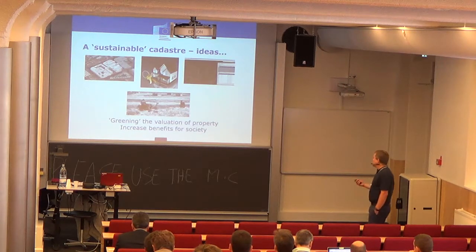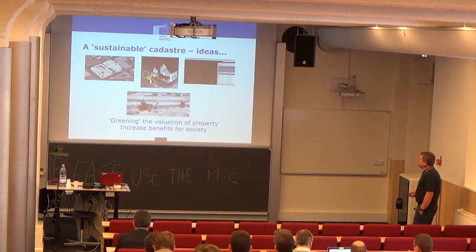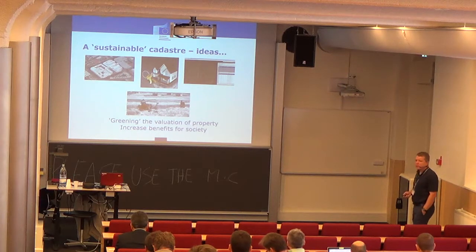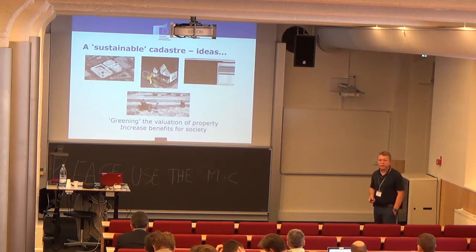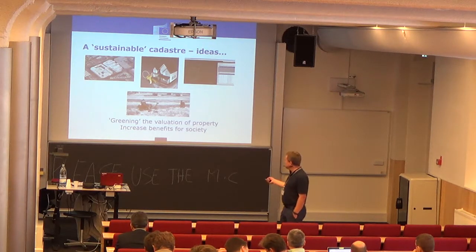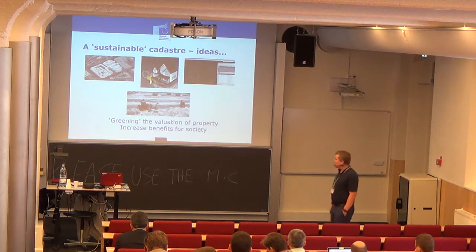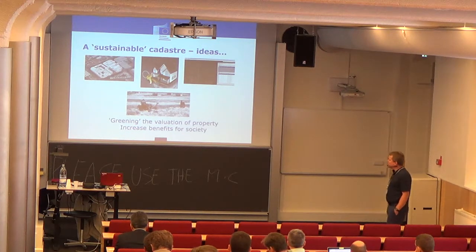And another example is sustainable cadastre. Today we are also speaking about the greening, which is something new in the common agricultural policy, which means that farmers will also need to keep some areas as they are, not to use them only for agricultural production.